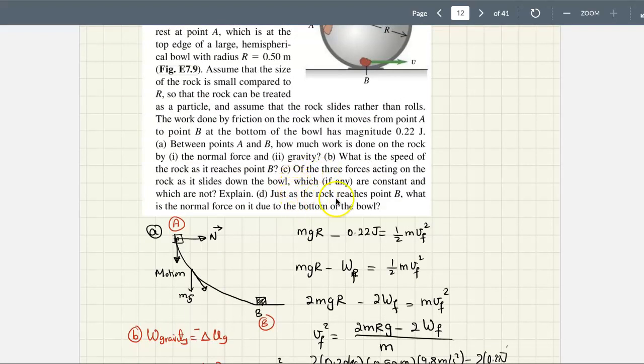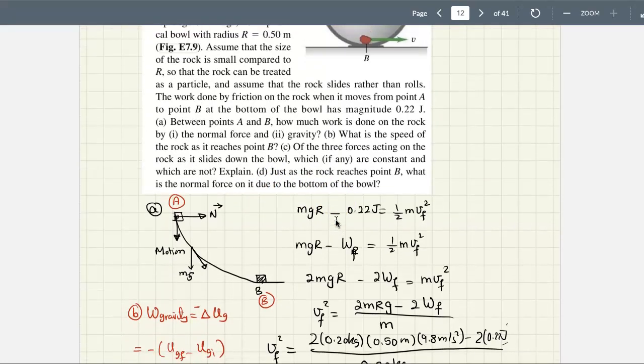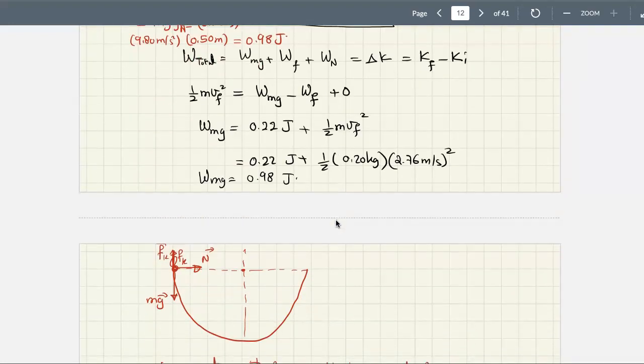Just as the rock reaches the point B, what is the normal force? It is due to the bottom of the bowl, going to be the mg as it reaches B.